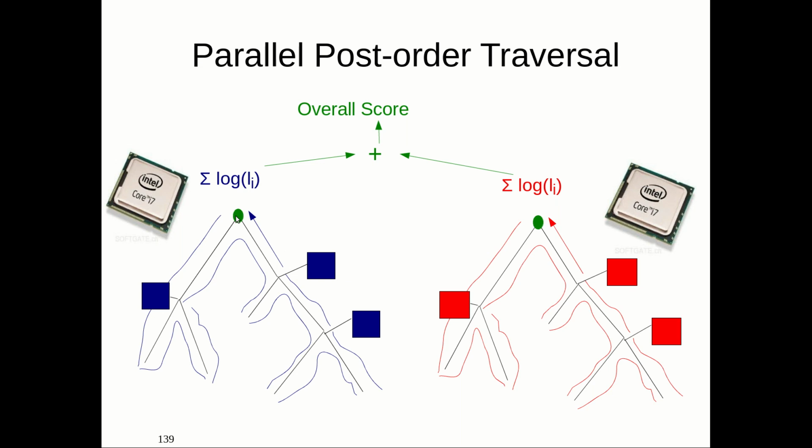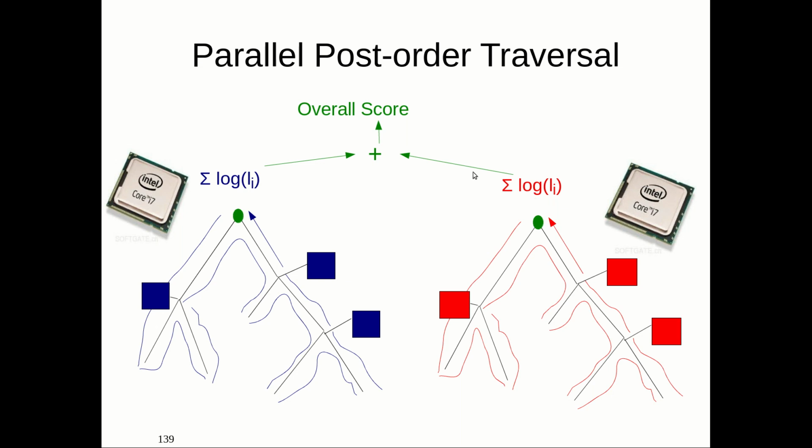Then, when it reaches the virtual root, it computes the sum over the per-site log likelihoods of the sites that have been assigned to it: the sum over the per-site log likelihoods of the blue part of the data, and the sum over the per-site log likelihoods of the red part of the data.